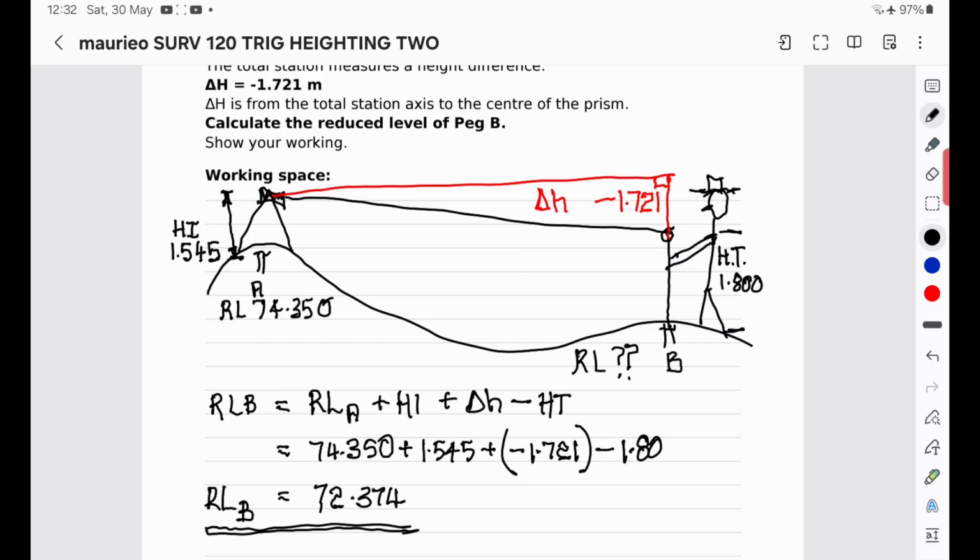Then we fall 1.721, delta H. And then we fall 1.80, the height of the target. And that gives us the RL of B. So with the diagram, I think it helps us to understand it.